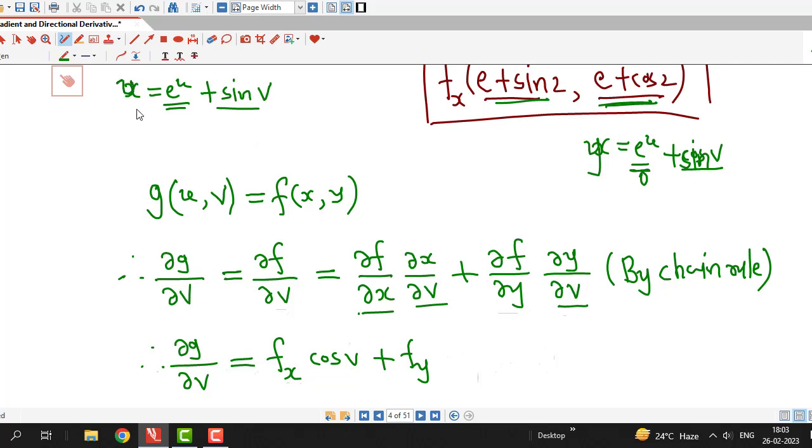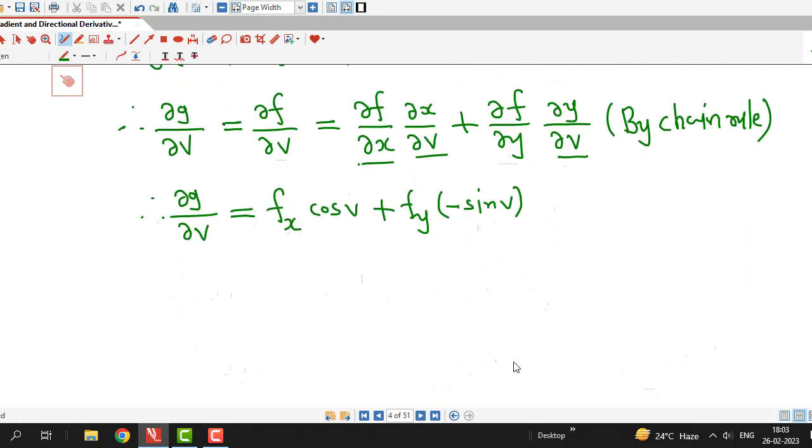So the value of y is e raised to u plus cos v. Therefore derivative of y with respect to v is 0, and derivative of cos v is minus sin v. Let me rewrite this in this notation, del g by del v.